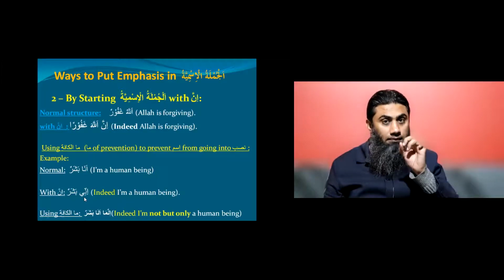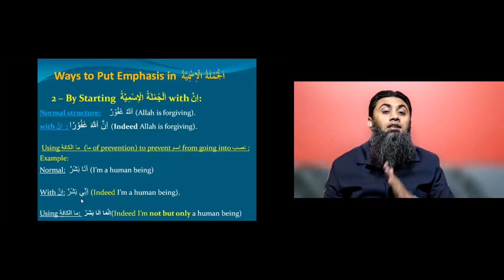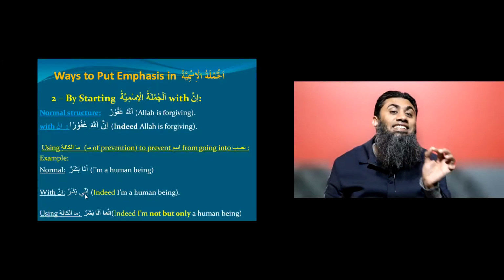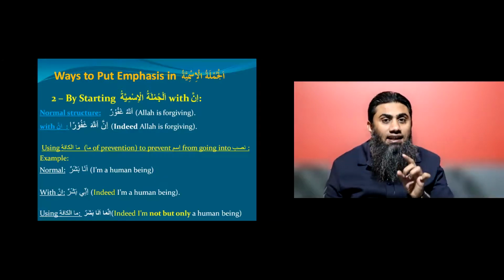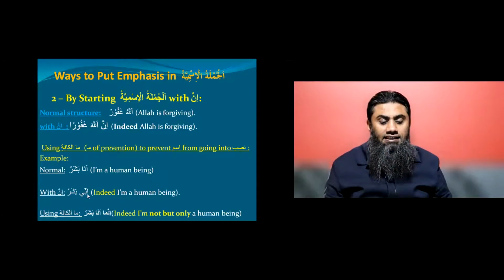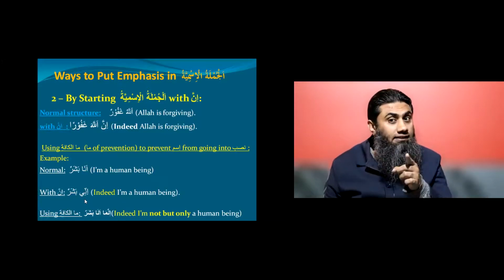Now, let's make it emphatic by using inna. Inni. Now, remember this. Please pay attention. Whenever you read inni in the Quran, you should know that inni is actually two words: inna and ni. Inna and ni together is called inni. So after inna, you got ni. And what is ni?